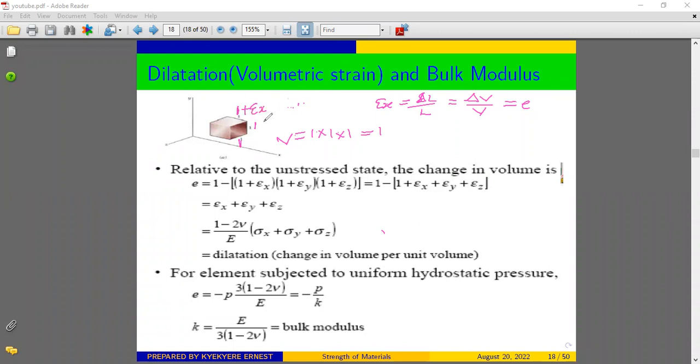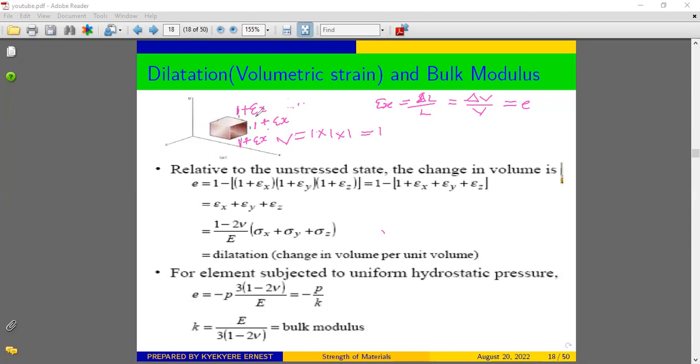And in the y-axis, the final length is going to be 1 plus epsilon y. And on the z-axis also, the final length is going to be 1 plus epsilon z.